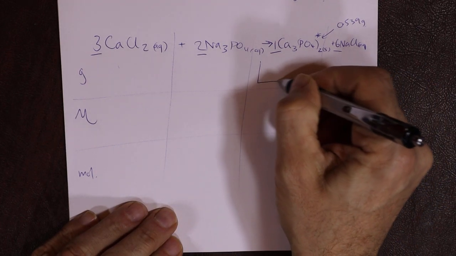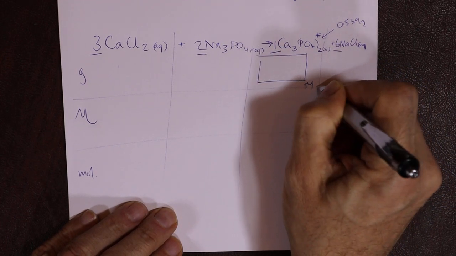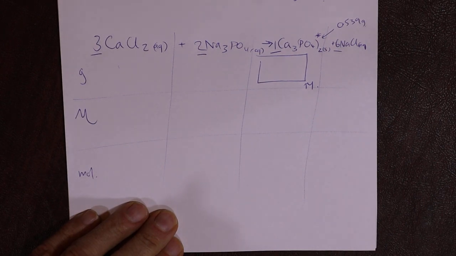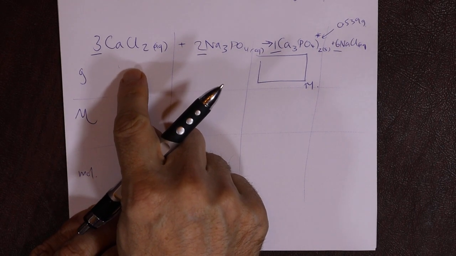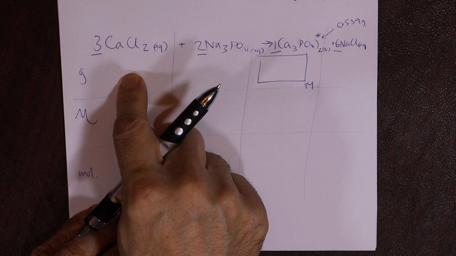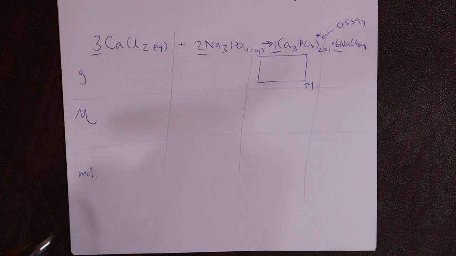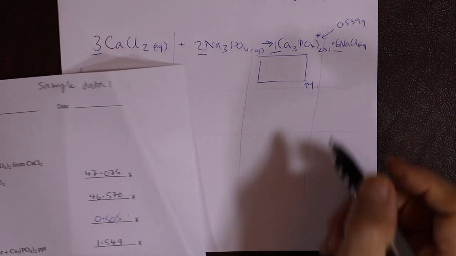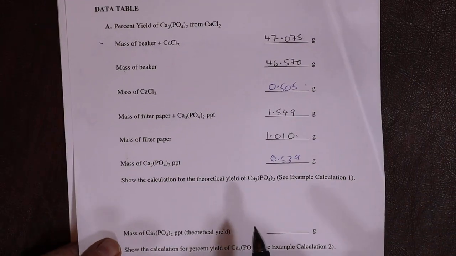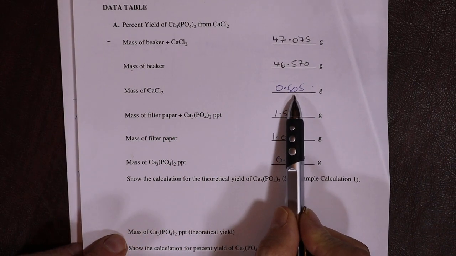So we need this. We need the theoretical yield of calcium phosphate. And we're starting here with our given amount. Now, I must specify, that's kind of a little bit misleading, okay? So the mass of calcium chloride, yes, we put it here.